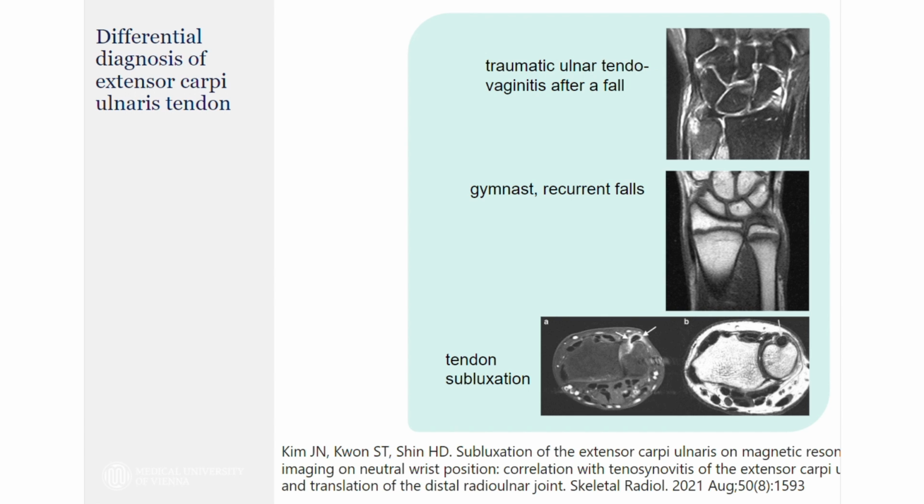This is an image that I took from the literature below, where you see on the fat suppressed left-sided image the extensor carpi ulnaris tendon subluxating directly into the radio-ulnar joint space, whereas on the right side labeled B, you see it in the sulcus.